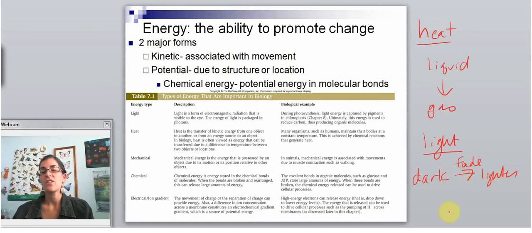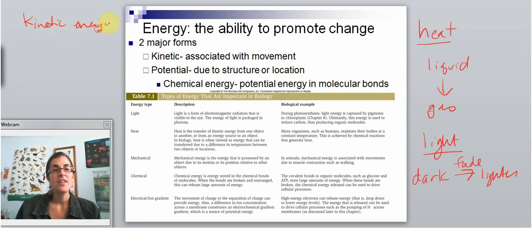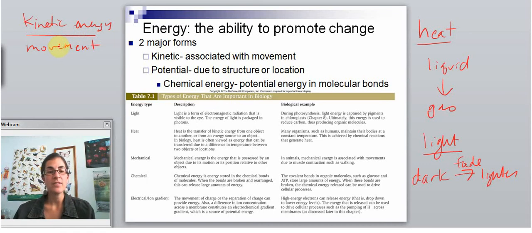And so the light energy is promoting that change. Another one that we're pretty familiar with is kinetic energy. This is the energy associated with movement. So if you're moving your muscles, you're going for a run, if something's falling down the hill, that's all kinetic energy.